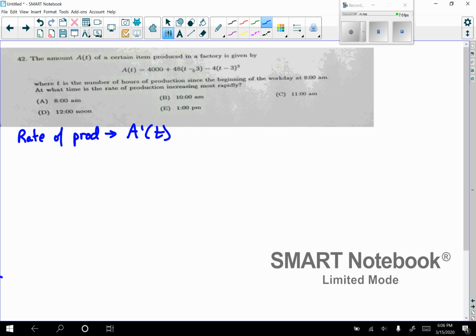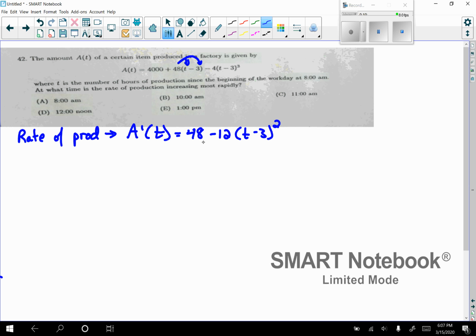We could distribute the 48 and then use the chain rule here. You could type this into the calculator as well, but if we take the derivative here, that's just going to be 0. 48t, the derivative is going to be 48. 48 times negative 3 is just a constant. And then we can use a chain rule for this last part. So we could say it's minus 12 times t minus 3 squared, and really times the derivative of the inside is 1.